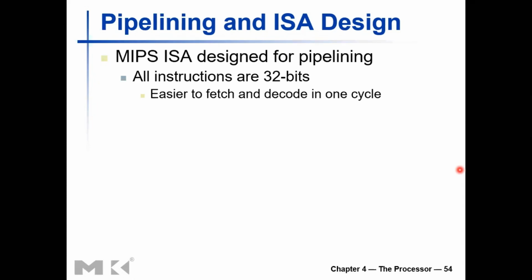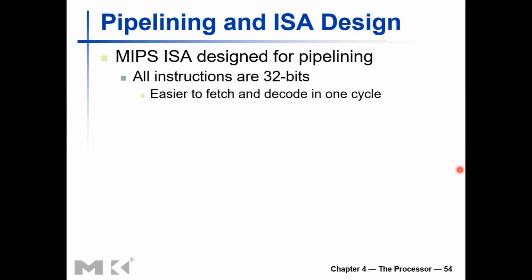It's easier to do the fetching in one cycle and the decoding in one cycle. If you have multiple instruction sizes, then the number of lines in the bus is not fully utilized every time, and the circuitry that handles the data traveling through these buses has to account for different instruction bits, how many bits to ignore in each case.